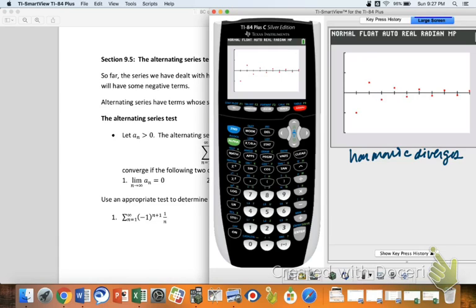It's close, of course, but they approach 0 too slowly to get a converging series. We're going to find out here in a little bit that an alternating harmonic series converges.